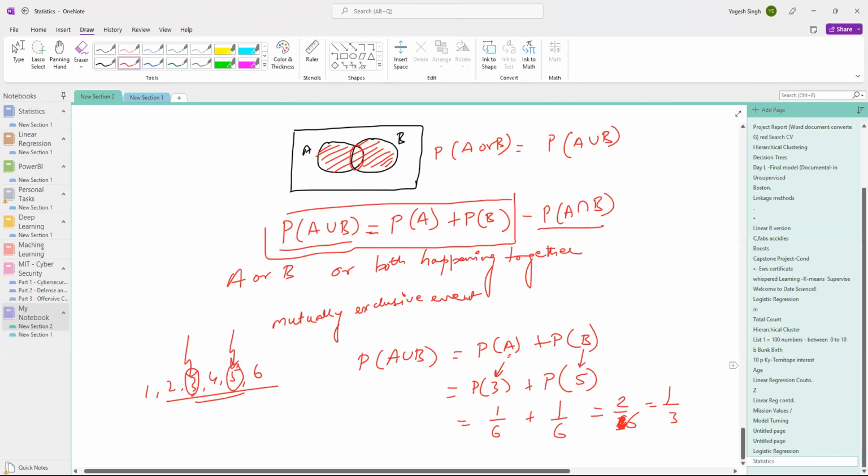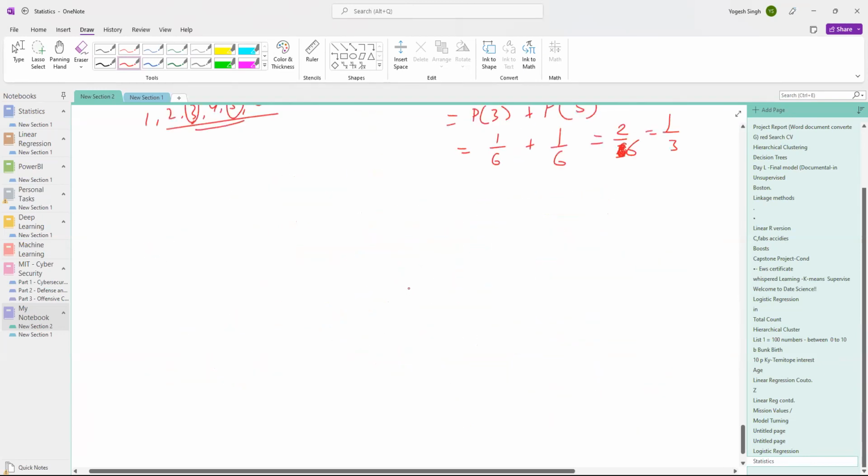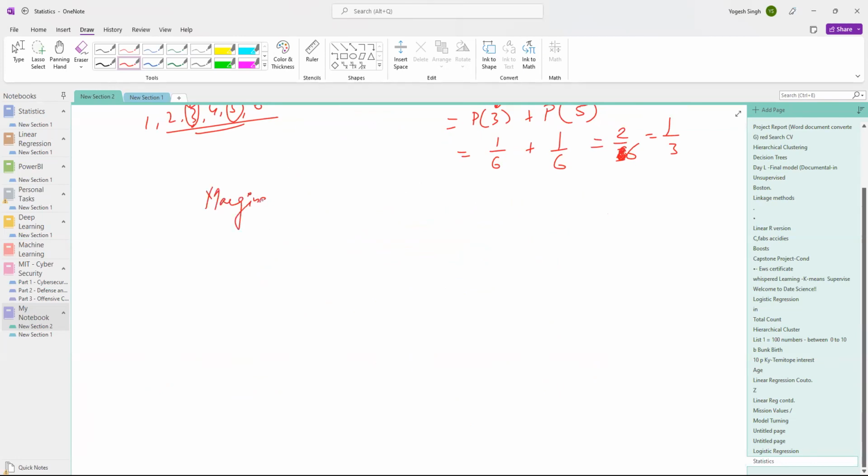ओके, आप एक एग्जांपल लेते हैं. लेट अस टॉक अबाउट मार्जिनल प्रोबेबिलिटी. So let us say we are looking into male, female, and we are talking about pizza, and we are talking about Sizzlers.